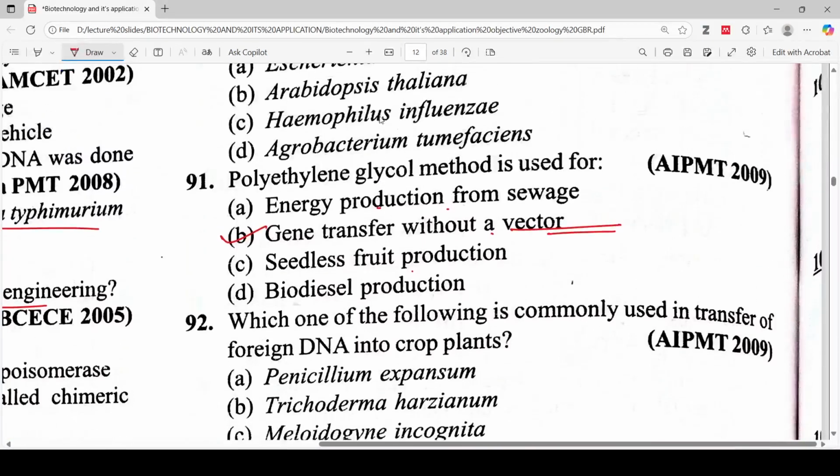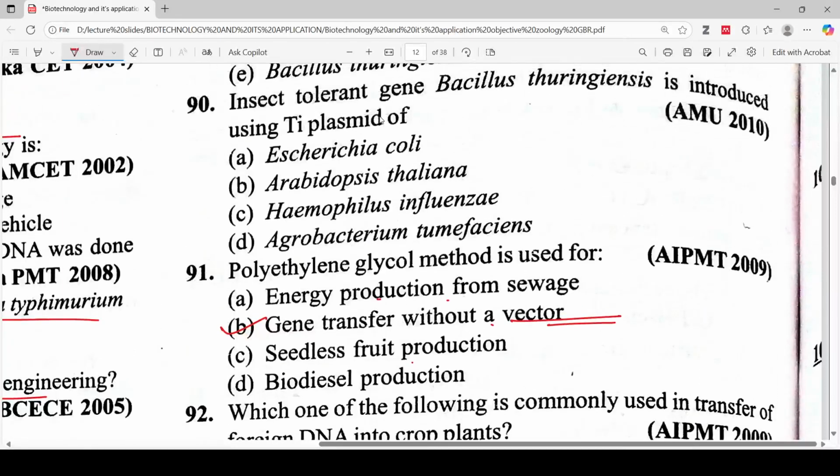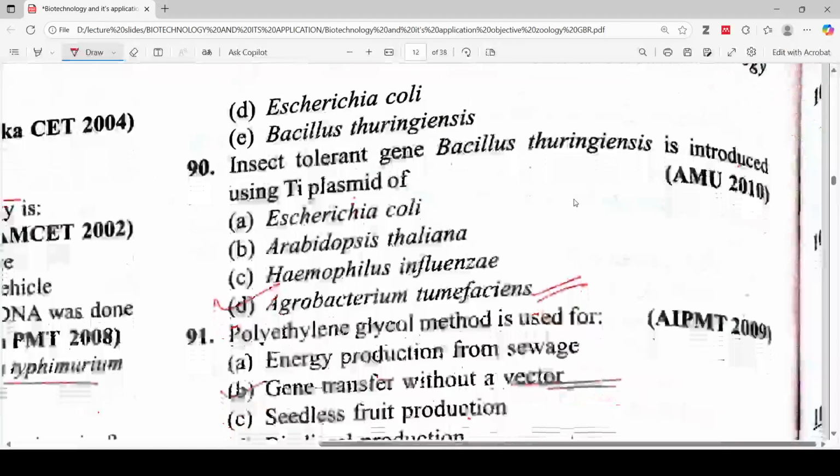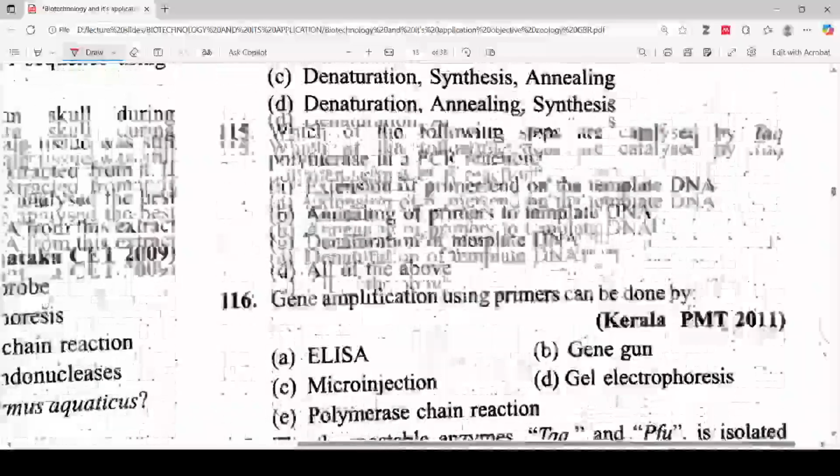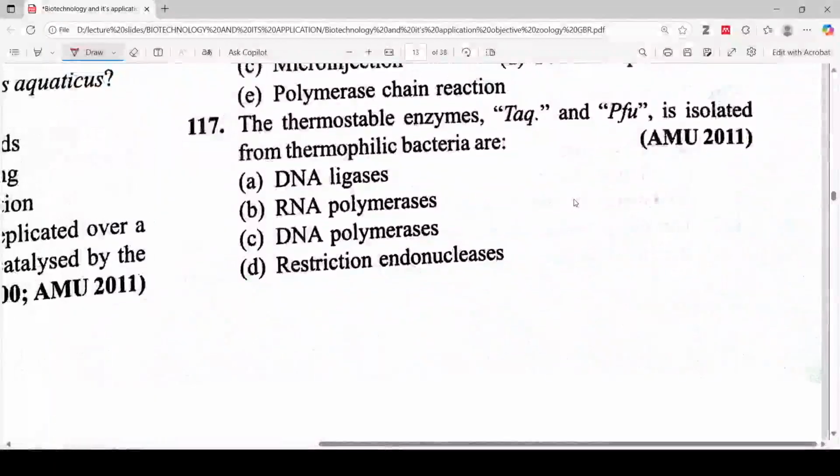Next question, the insect tolerant gene from Bacillus thuringiensis is introduced using the Ti plasmid of Escherichia coli, Arabidopsis thaliana, Haemophilus influenzae, Agrobacterium tumefaciens. So Agrobacterium tumefaciens will be the correct answer for this question. So next, let's move to the next question here.